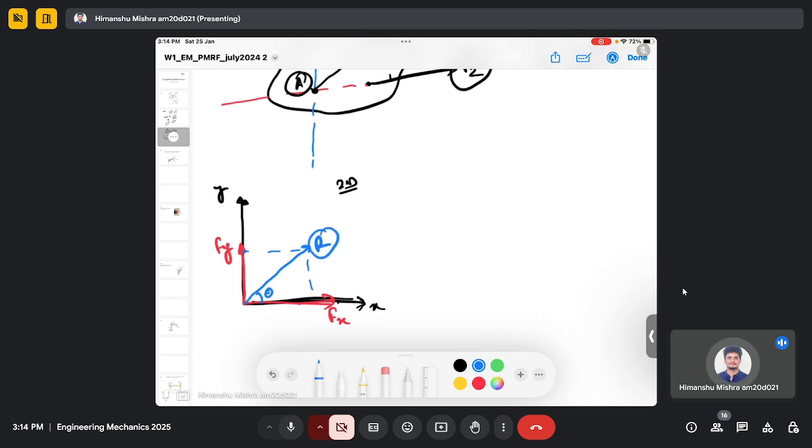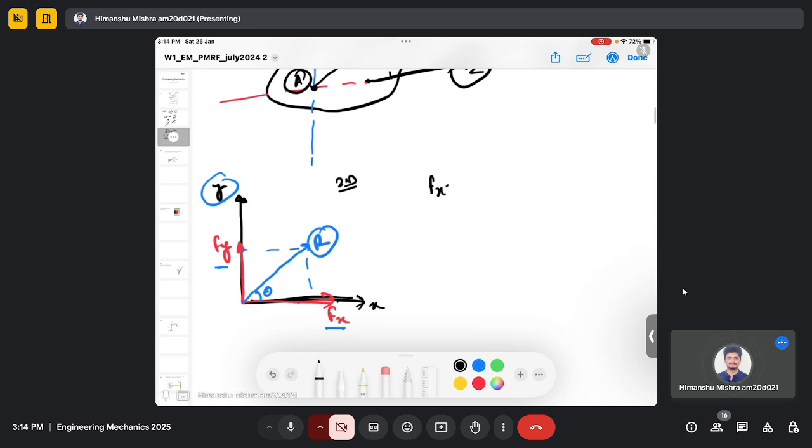Then, having known the resultant force, we can find Fx and Fy. Basically, you need to take the components of Fx and Fy, and to take the components, first you need to define the coordinate axis. In the Cartesian coordinate system, my Fx will be given as F cos theta and Fy will be given as F sin theta, and you can even find theta by using tan inverse of Fy divided by Fx. So if you know the components of the forces Fx and Fy, you can find the angle theta.